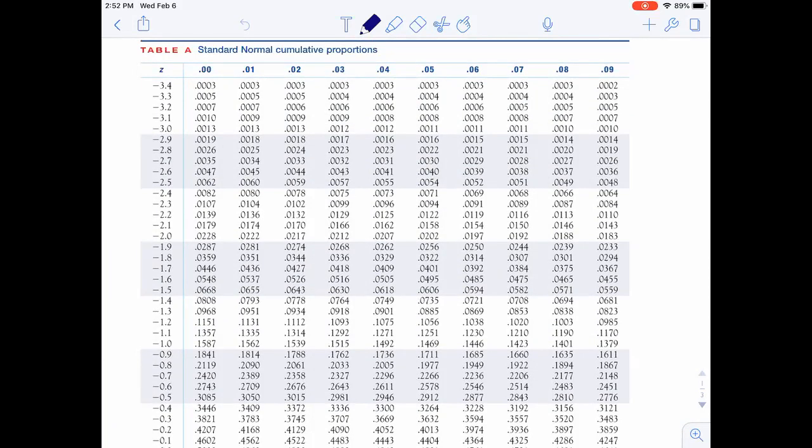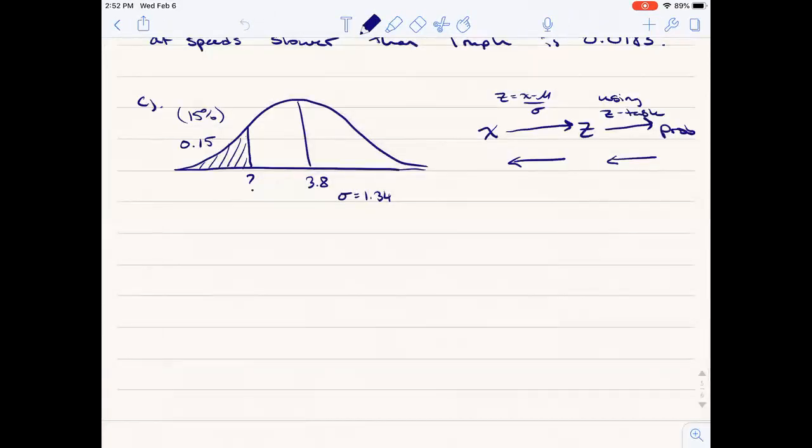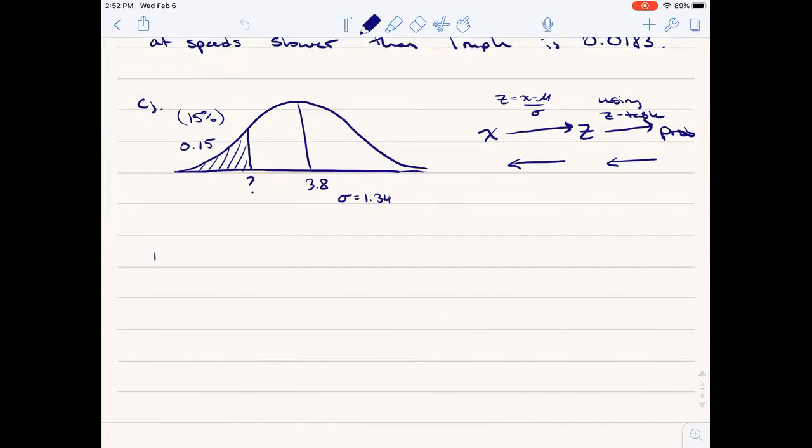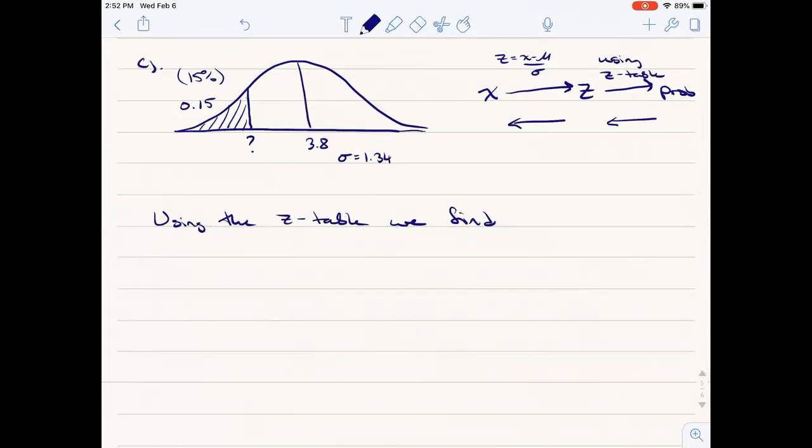I'm going to write that all down, because that's the only way we can show our work for this type of stuff, right? Writing it down. So using the Z table, we find the table entry. Remember the table entry, just flipping back to the table for a sec.